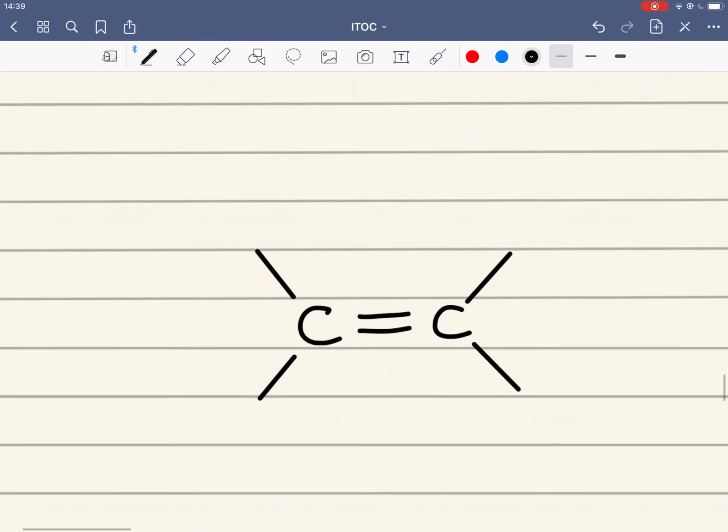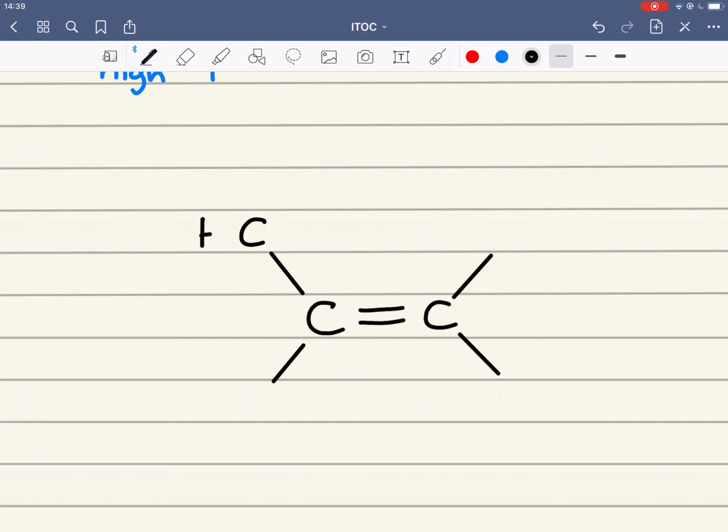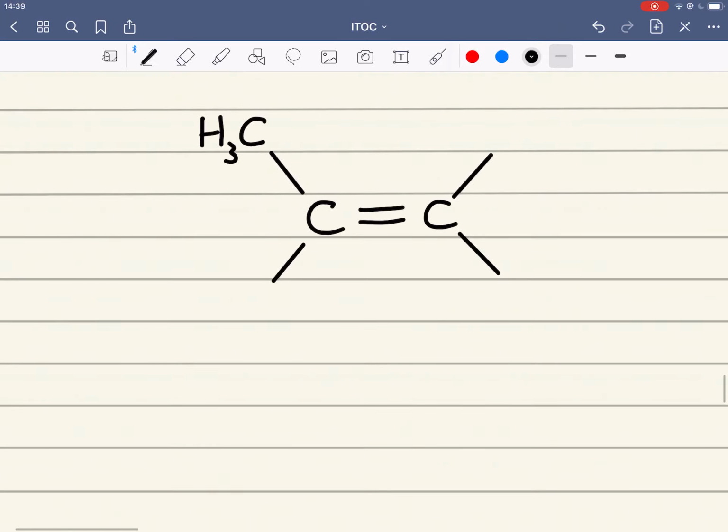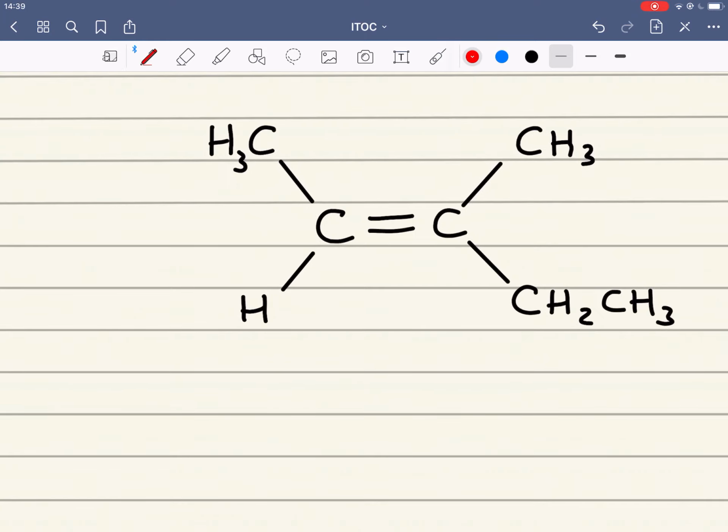Now, I'm going to put CH3 there, a hydrogen there, I'm going to put a CH3 there, and a CH2CH3 group here. And again, I'm going to assign this carbon, carbon A, and this carbon B.